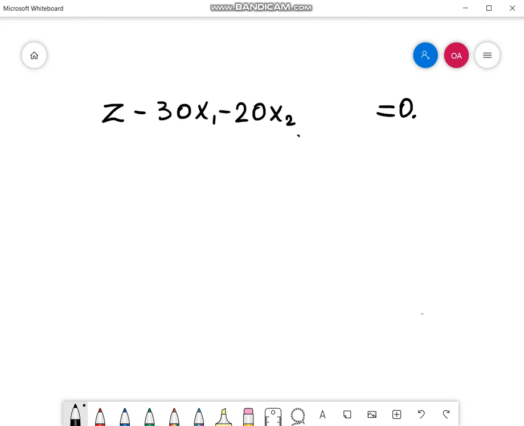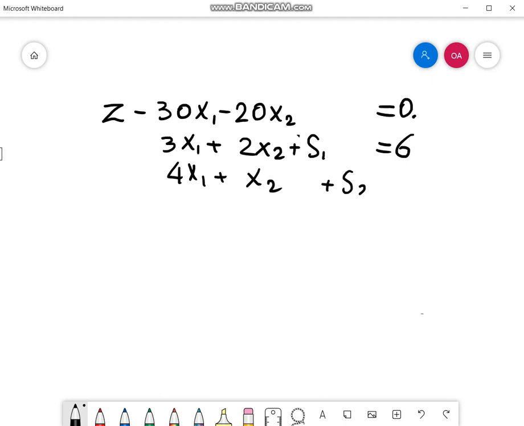Let's go to the equations. So we have 3x1 plus 2x2 plus s1 equals 6. Then we have also 4x1 plus x2 plus s2 equals 4. Someone says, because this equation looks very convenient to me, I only need to multiply it by 10.